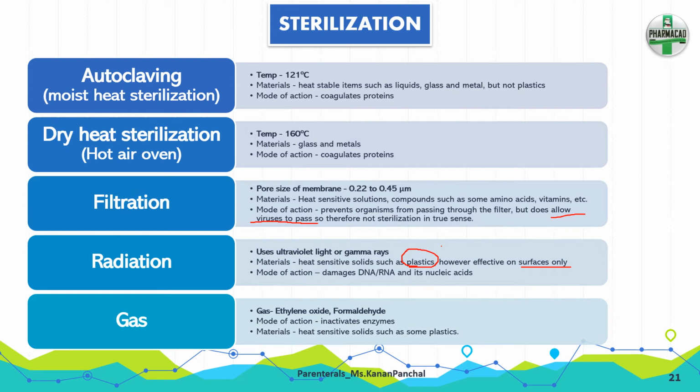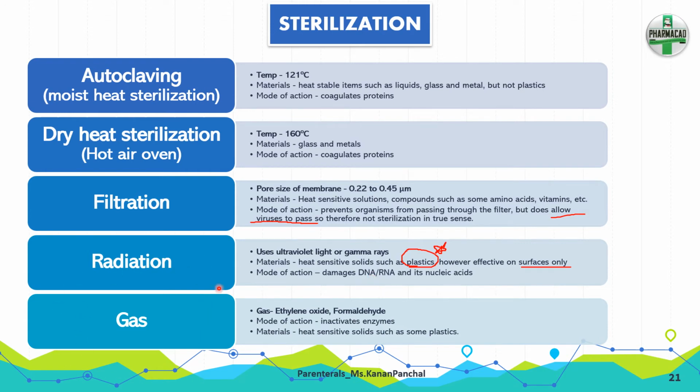This is important because plastics were not being sterilized by the earlier methods. They are sterilized by radiation only. The mode of action here is that radiation damages the DNA and RNA structure of the organisms, even the viruses, and it affects the nucleic acids. In this way the product is sterilized.